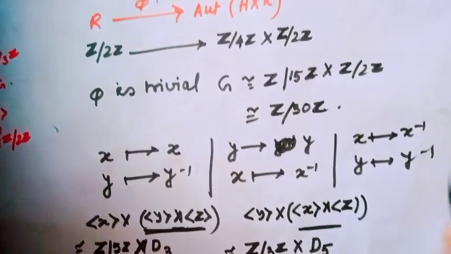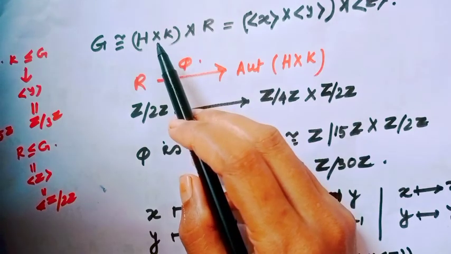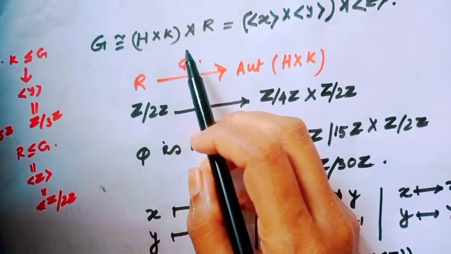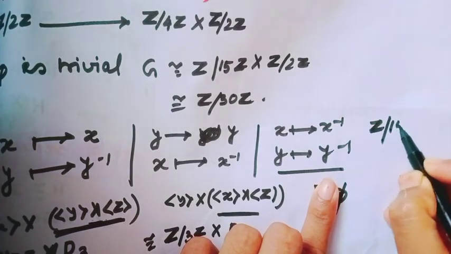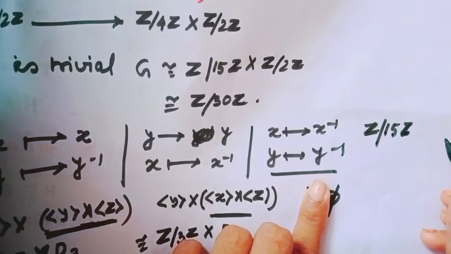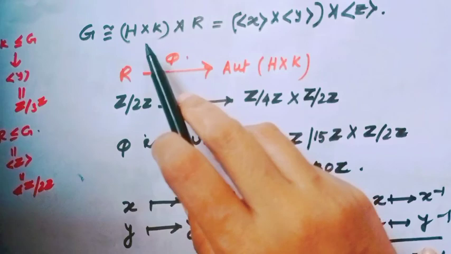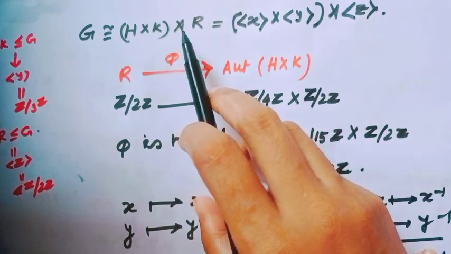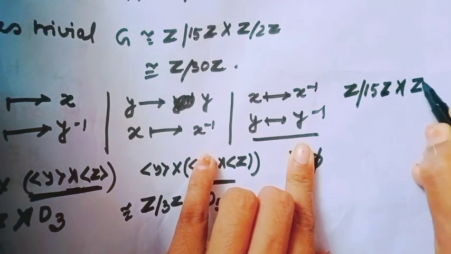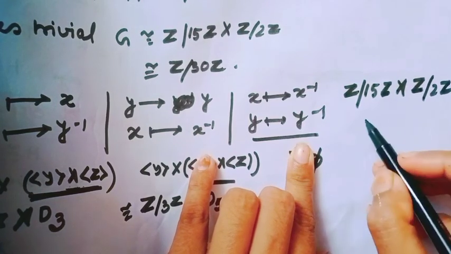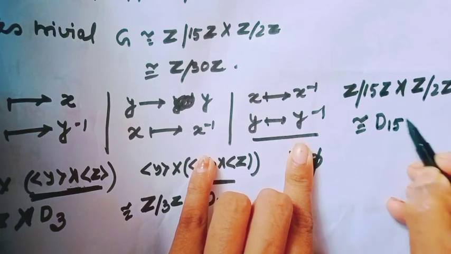And for the third case, there is an inversion in the group H direct product K, which is a cyclic group whose order is 15. That means for the third case, this is isomorphic to Z mod 15Z, and there exists a non-trivial homomorphism from H direct product K to R. That means this is semi-direct product Z mod 2Z, and this structure is similar to the dihedral group of order 30.